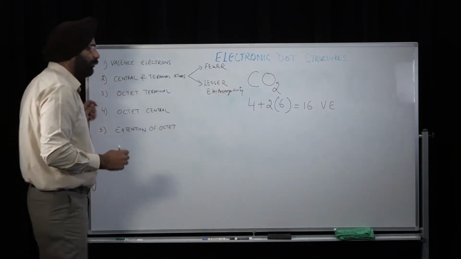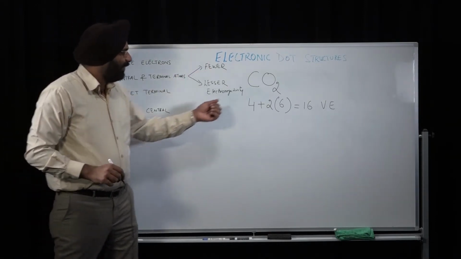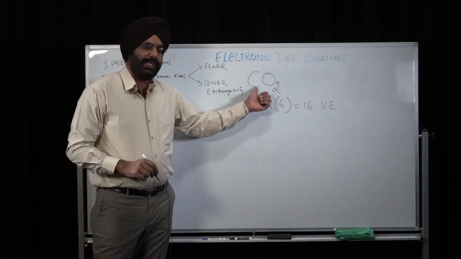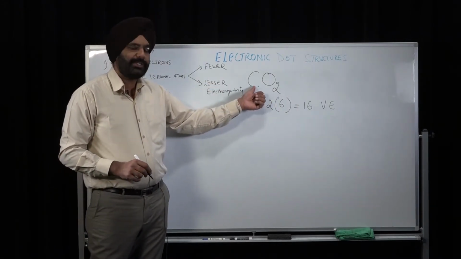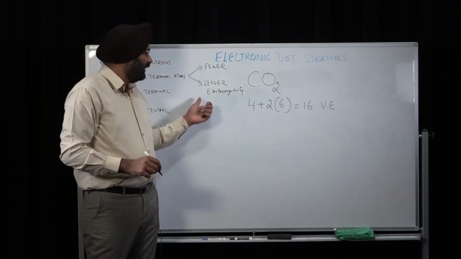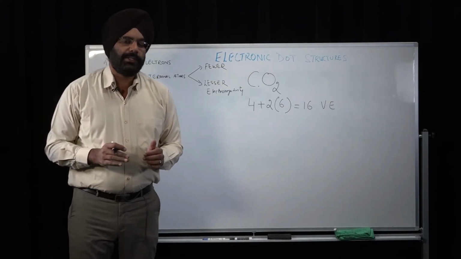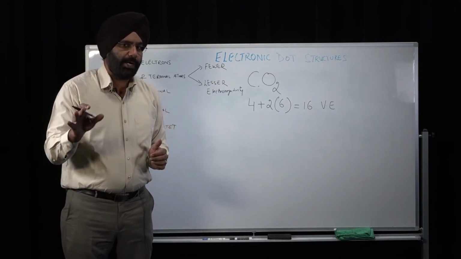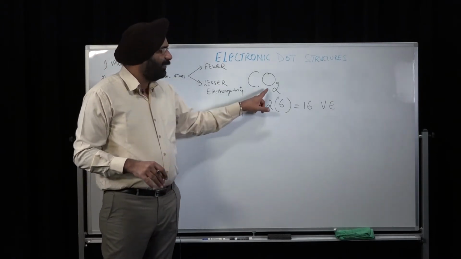So when I consider these 2 factors, carbon comes out to be the central atom, because first, it is present in fewer number, just 1, whereas there are 2 oxygen atoms. The second is that carbon is to the left of the oxygen atom in the periodic table, so that means it is less electronegative than oxygen.